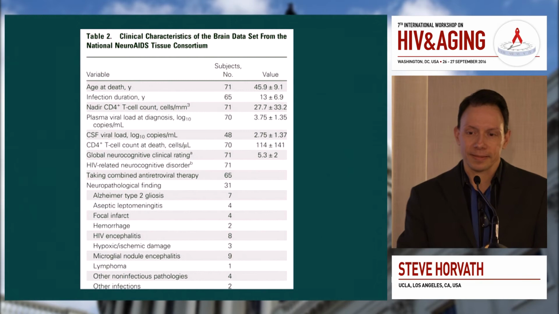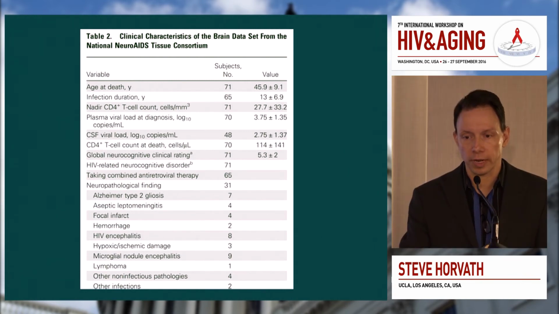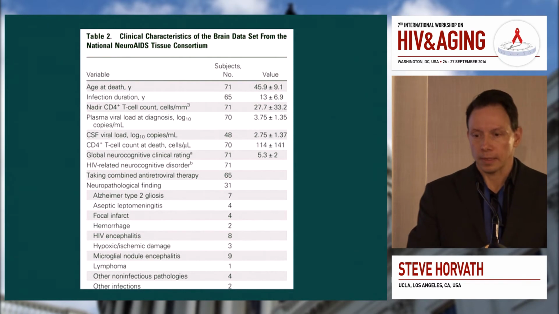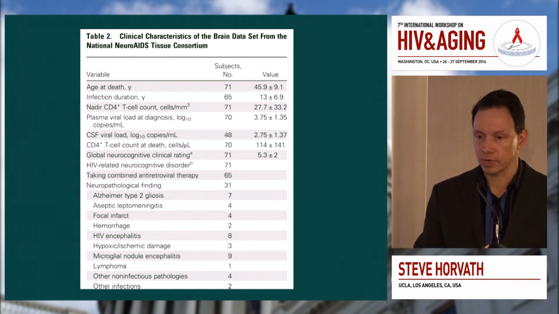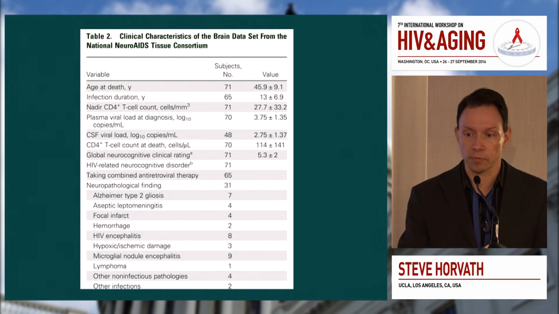And the brain tissue samples came from the National NeuroAIDS Tissue Consortium. Most people were on average 71, and age at death was actually quite early, around 46 years.